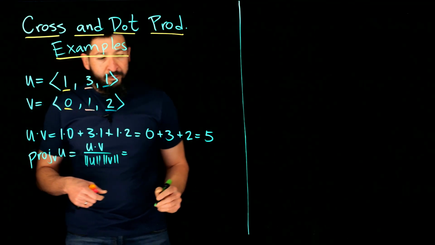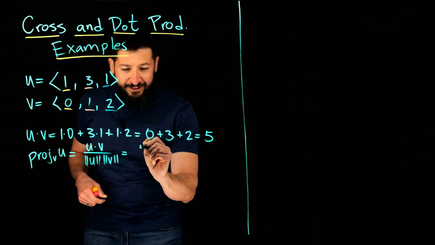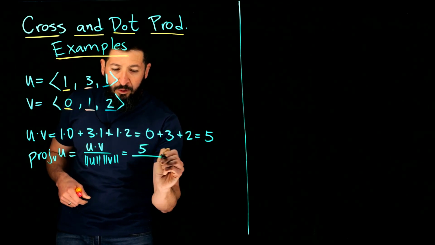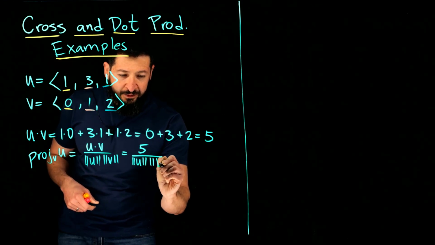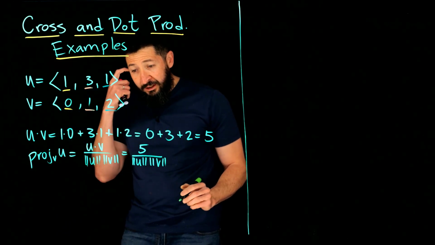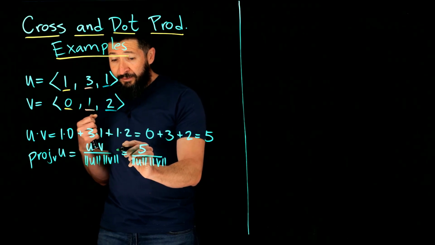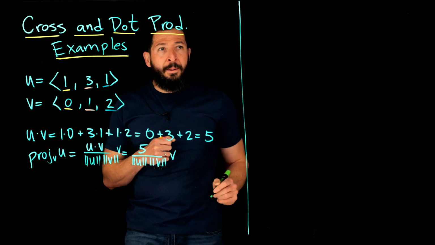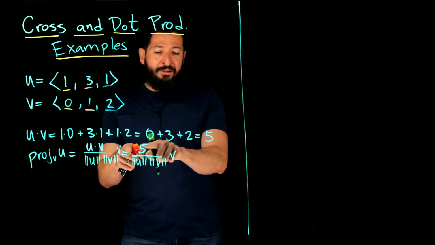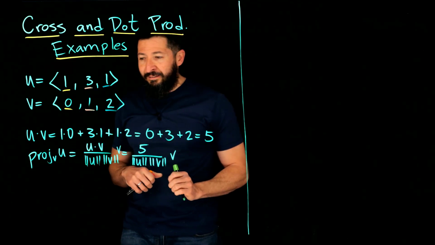So this right here would be u dot v, which is 5. We already computed that, over the length of u and the length of v. So I need the length of u and the length of v to compute my projection, times, somebody forgot the vector v here, times v. Sorry about that, times v. That's the formula. Because this is just the magnitude of the projection, you need to multiply times the vector v.